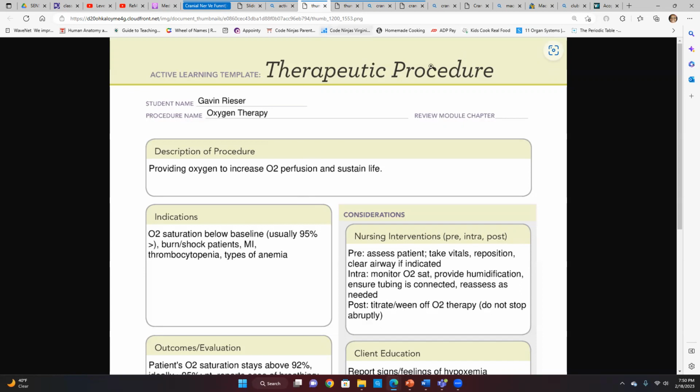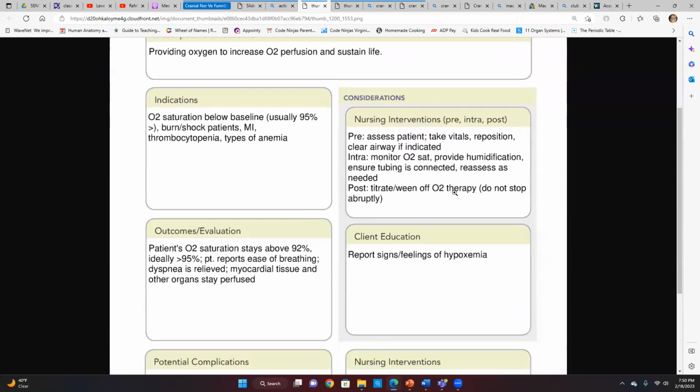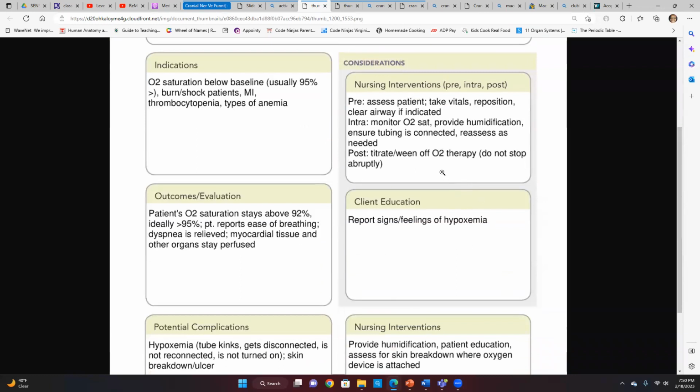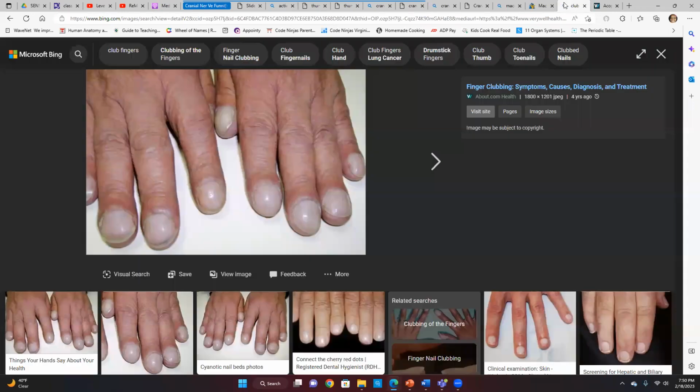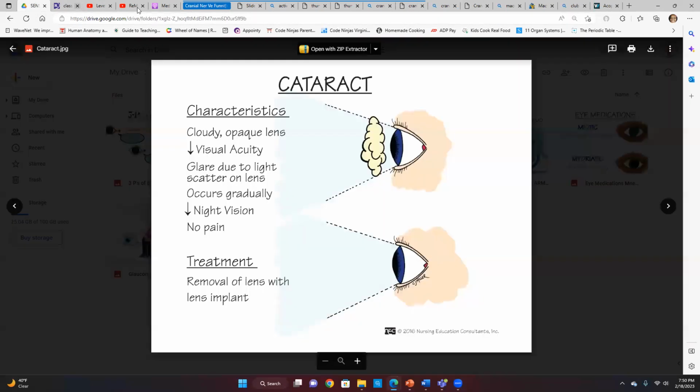So that active learning template, because you're going to write about the pathophysiology, you're going to write about the indications, you are going to write about the nursing considerations, and you're going to be using pretty much the nursing process for each condition. So I'll have to post the active template that I'm talking about because I can't find it right now.